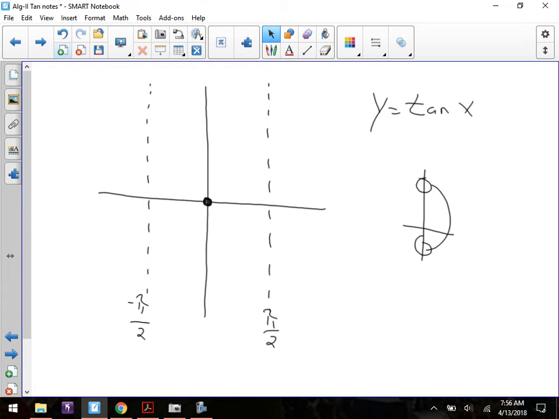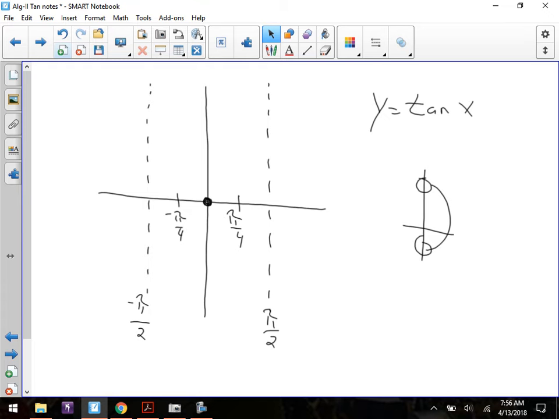Guess what happens when you have tangent at 0? It's 0. And now, what's halfway between 0 and pi over 2? Pi over 4. And then here would be negative pi over 4. And what's your tangent value at pi over 2? 1. And what's it at negative pi over?